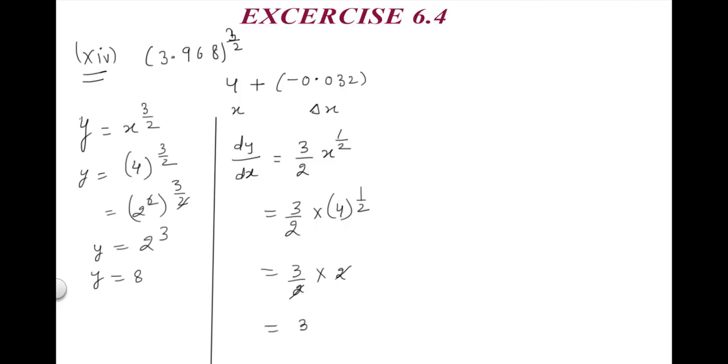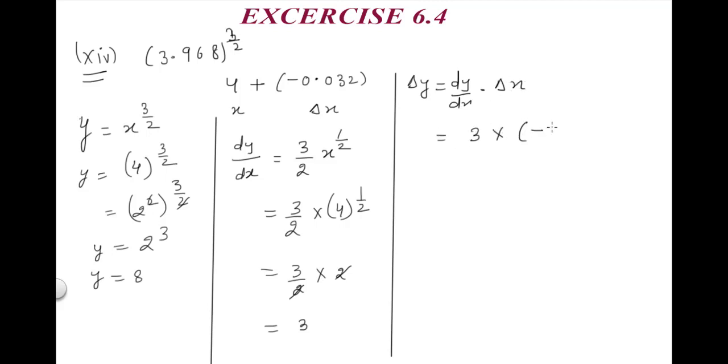Now the last thing to calculate is delta y. To calculate delta y, we will write dy by dx multiplied with delta x. Dy by dx is 3 multiplied with delta x, which is minus 0.032. Multiplying it, we will get 0.096 with a minus sign in front.